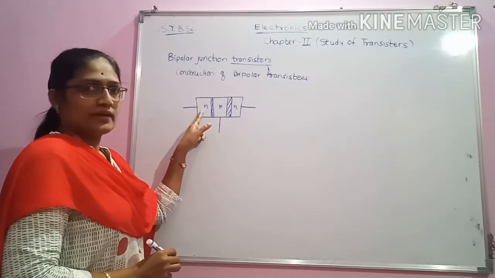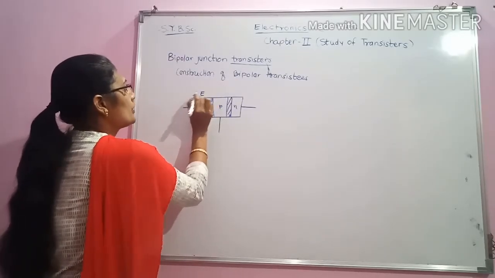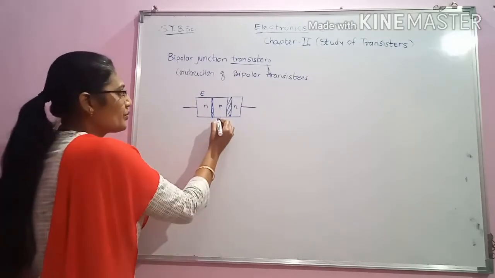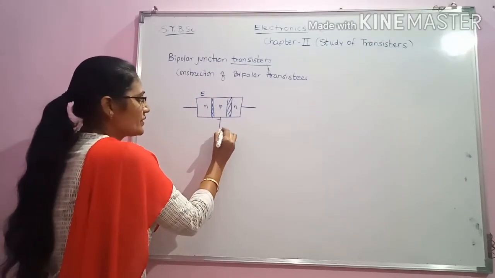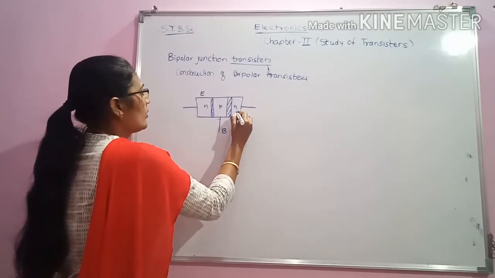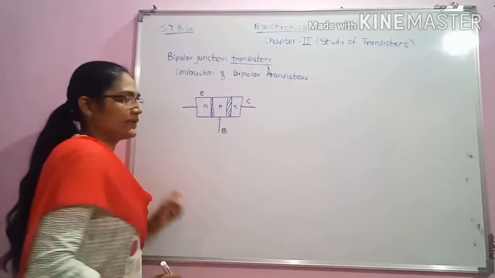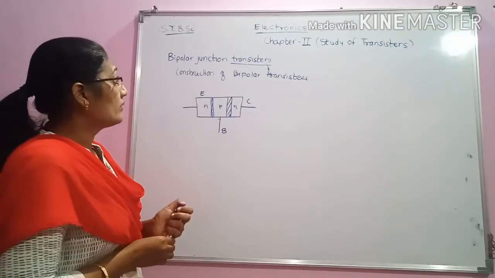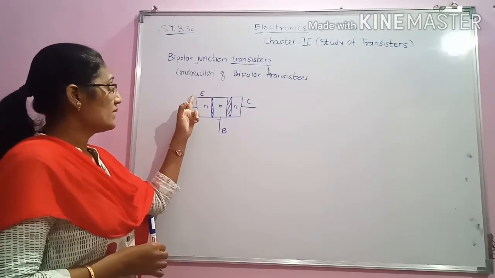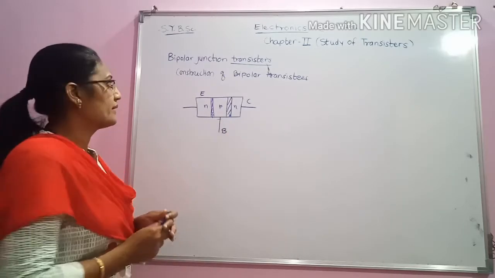This portion of the transistor is called the emitter. This portion, situated at the center, is called the base, and this is called the collector. It means that a transistor consists of three terminals: emitter, base and collector.